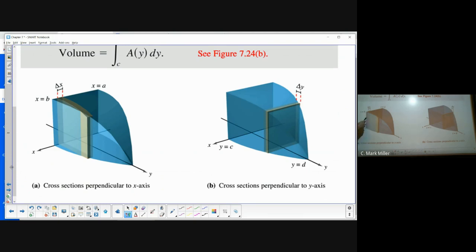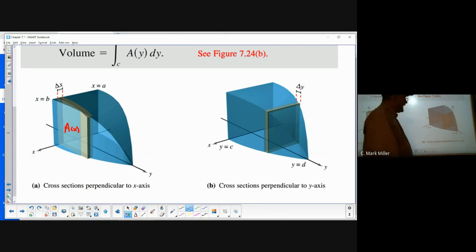Suppose you see this shape right here, this kind of gold shape. Suppose you knew the area of that. Suppose it had an area A of x, and the area depended on x. So as that goes through that solid, you plug in whatever the x coordinate is, and it will give you the area of a slice.